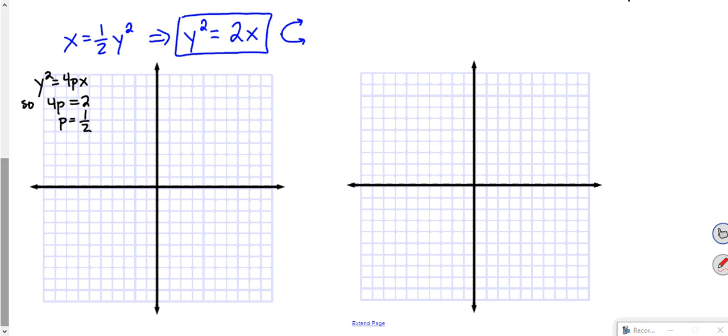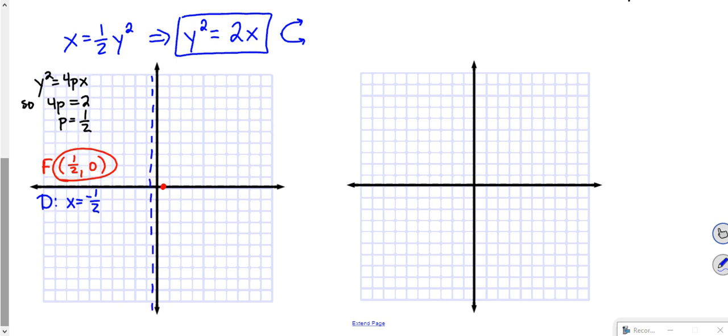Again, I'm not going to spend a lot of time redoing this. We did it on the one above. My p is positive 1/2, so my focus is going to be positive 1/2, 0. That's my focus. My directrix then is negative p, so my directrix, and again, it's a vertical line, is x equals negative 1/2.